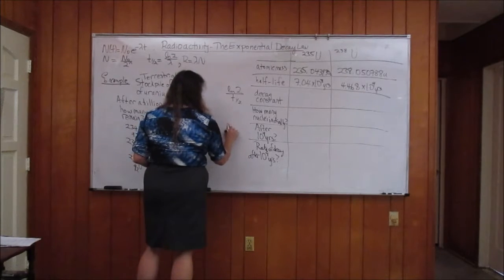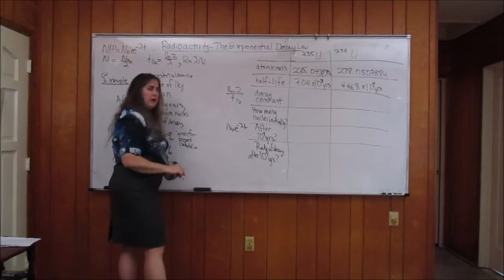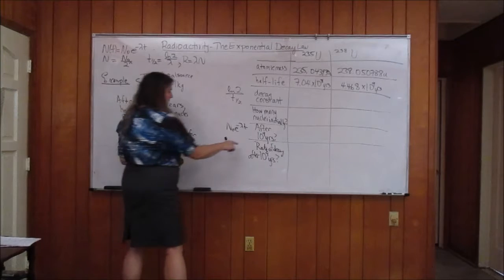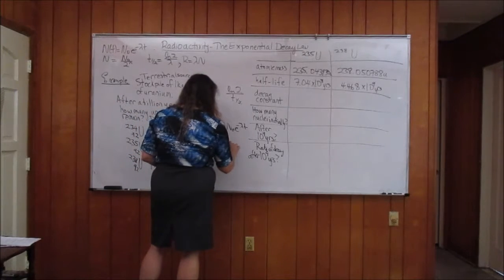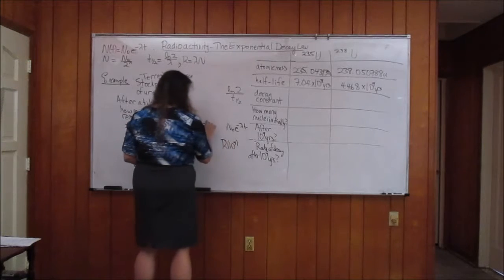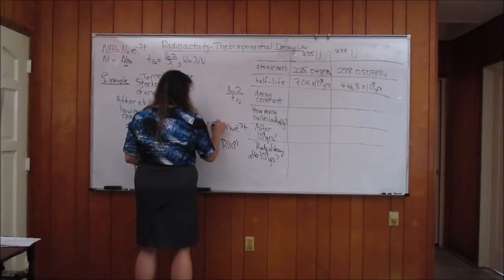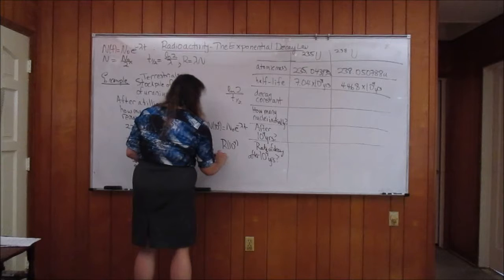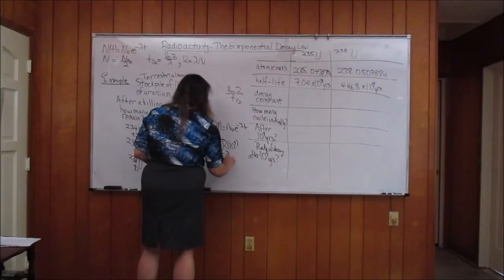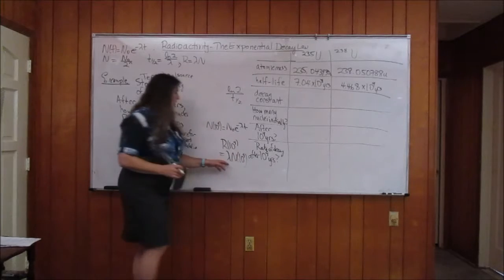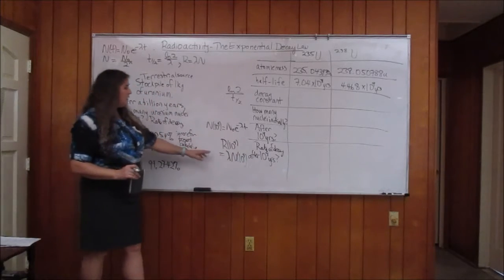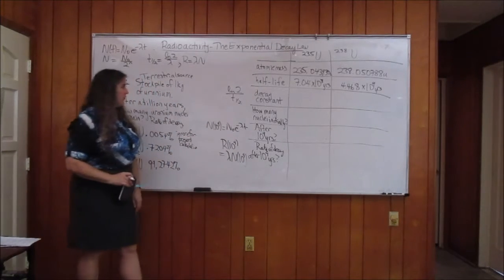This is going to be N naught e to the minus lambda t, and then the rate of decay is going to be equal to lambda times the number of nuclei after a billion years.